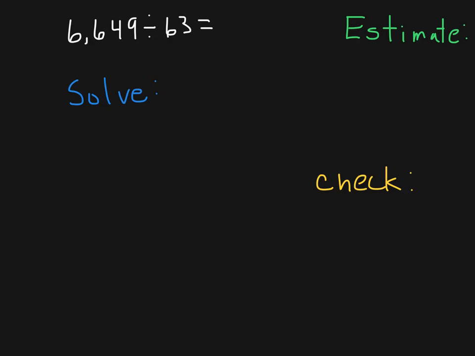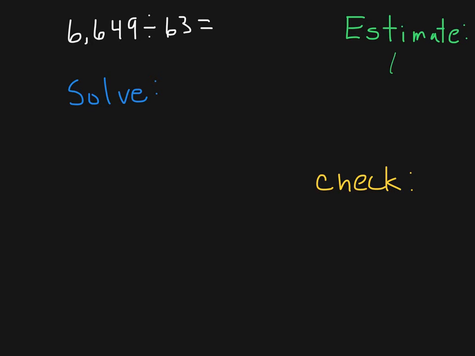So 6,649 divided by 63. Now, for this one, I can see that 6,649 is actually really close to 100 times 63.